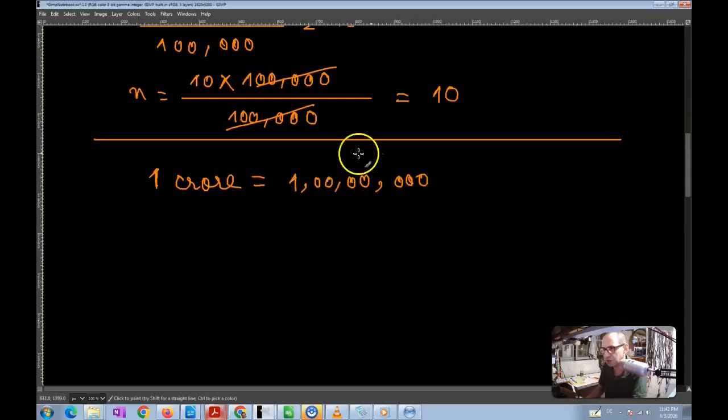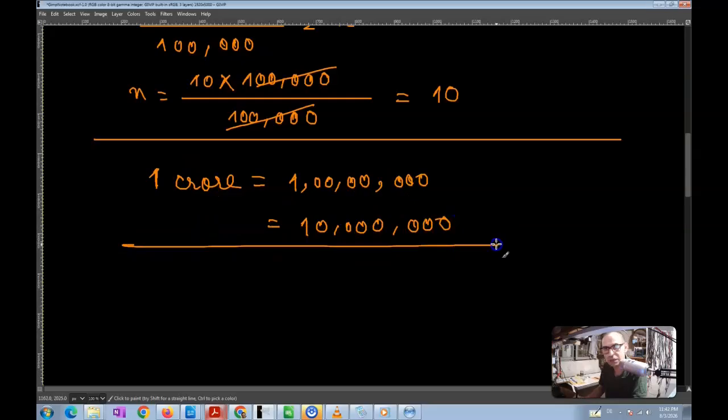If you want to write it in the English system, you would write it as 10,000,000, and that's 10 million. So a crore is 10 million. And again, a lakh, as we mentioned before, 1 lakh is the same thing as 100,000.